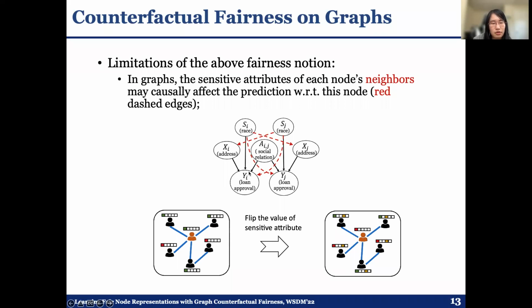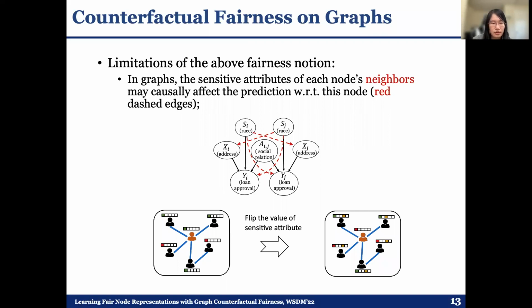We should notice that the neighbor's sensitive attribute may also influence the features of each node and also the prediction target of this node. This is a very unique property of graphs.